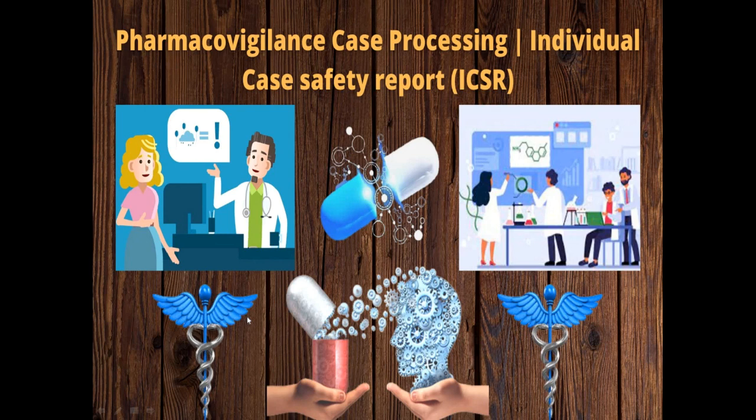In ICSR, various information is related to the particular adverse event which a patient experiences: the details of the patient, any prior medical history, any medications the patient is taking along with the particular suspected product, what lab data he has undergone, what the details of the physician are, and whether he or she wants to be contacted further by this safety department to provide more information.